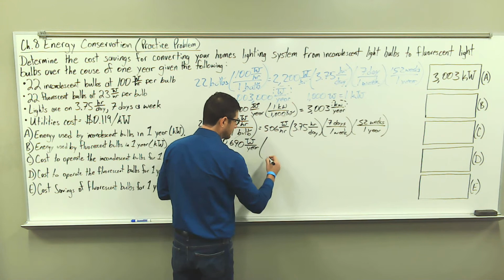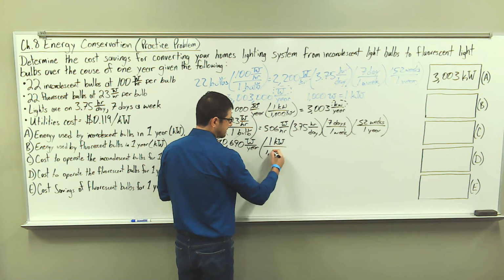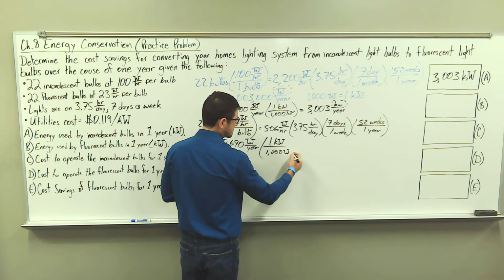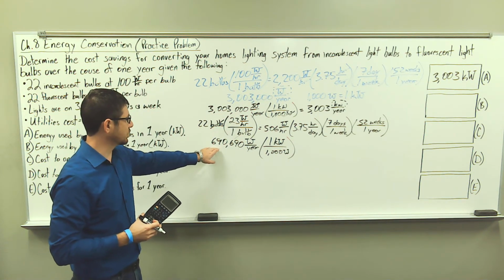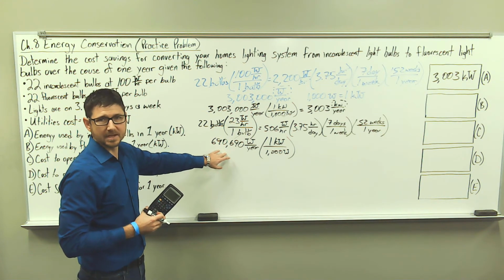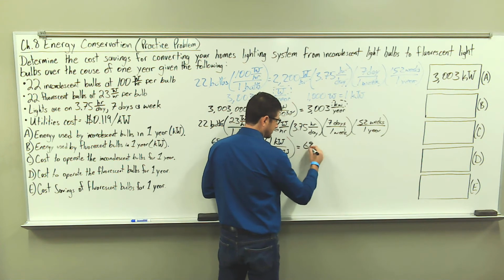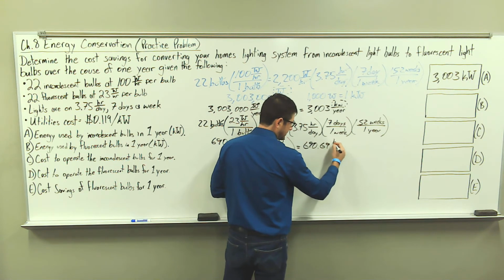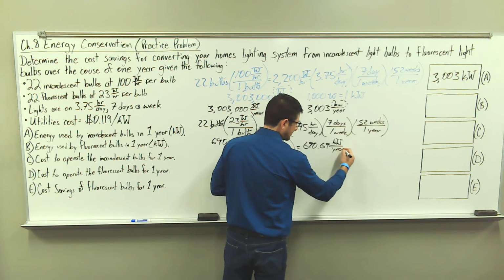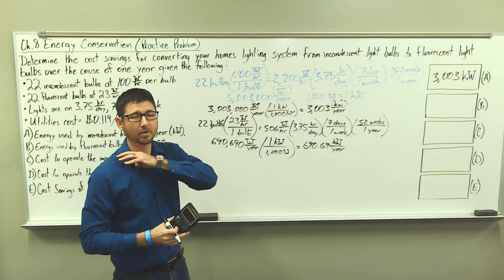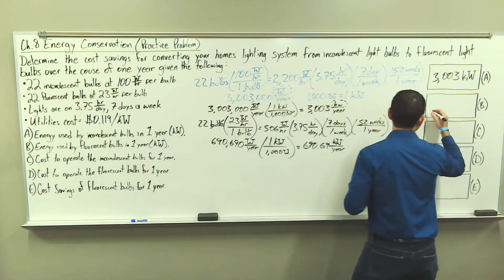So we are going to multiply by 1 kilowatt divided by 1,000 watts. And the amount of energy that we're going to use each year is going to be 690.69 kilowatts per year. Okay, so part B, our answer is 690.69 kilowatts.